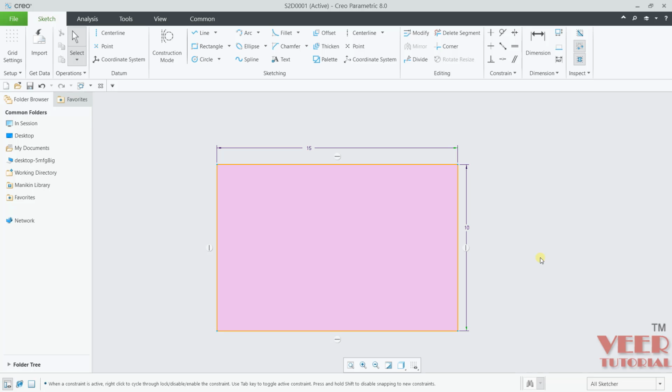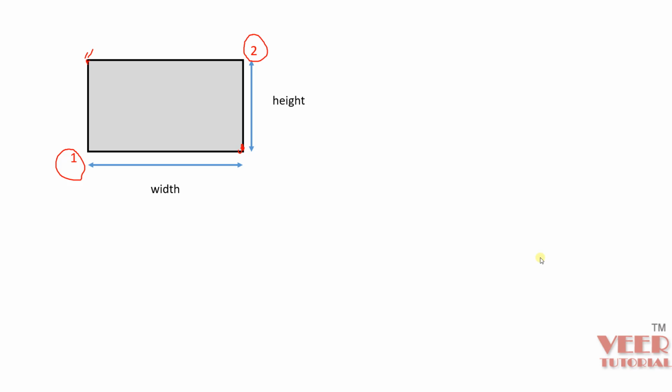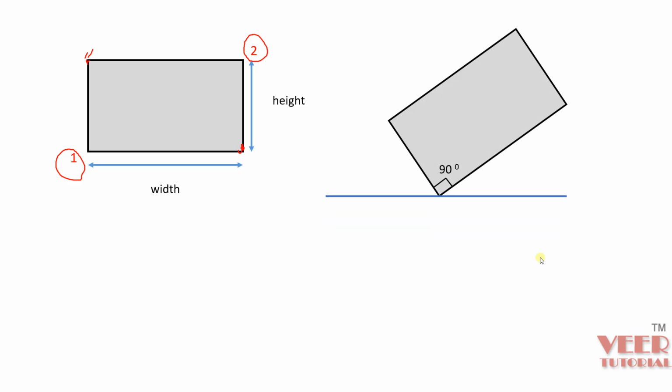Similarly, the second type of rectangle is the slanted rectangle. This rectangle is basically an inclined rectangle. In case of inclined rectangle, there is some angle between the rectangle and the reference surface, so there is some angle theta. When you want to create this type of rectangle, we need to define 3 reference points.